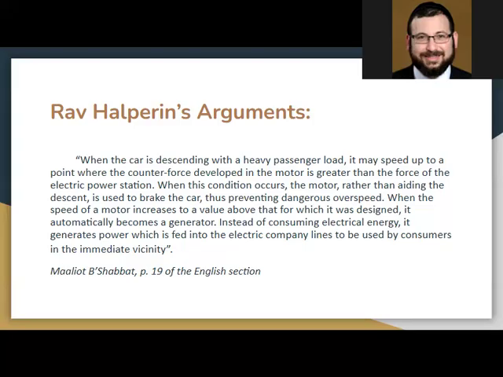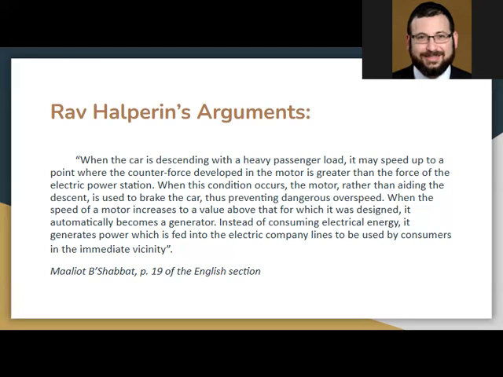The lights would burn brighter than usual. So Reb Halperin was of the opinion that going down poses a greater halachic challenge than going up.